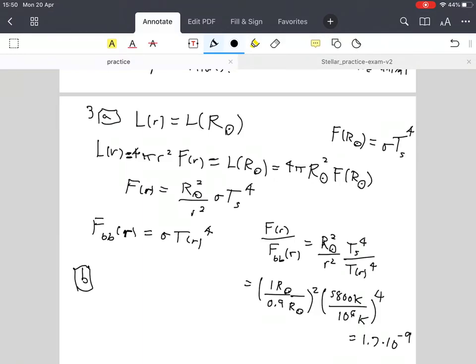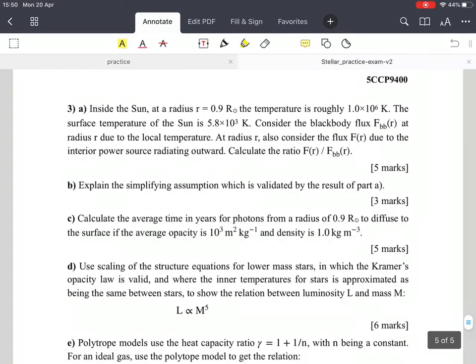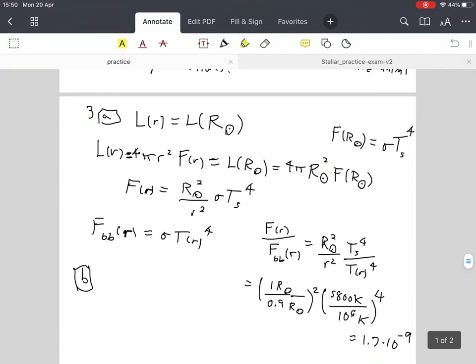Part B is saying, well, let's see, what is it asking? Let's get a reminder. It's saying explain the simplifying assumptions, which the assumption is validated by your result from part A. Well, what do we see from part A? We see that if that ratio is very small, that means that this flux that's flowing through is actually much smaller than what you would get if you were just measuring the flux based on the temperature at that location.